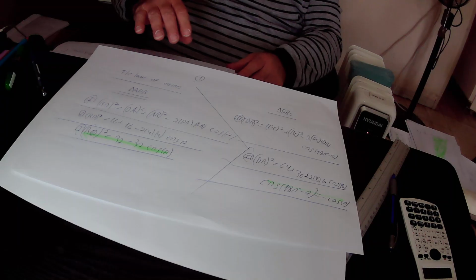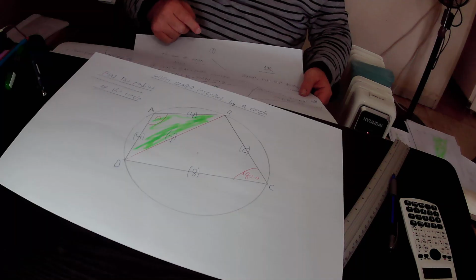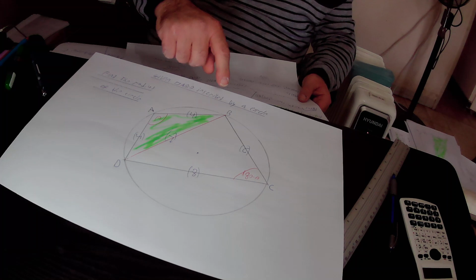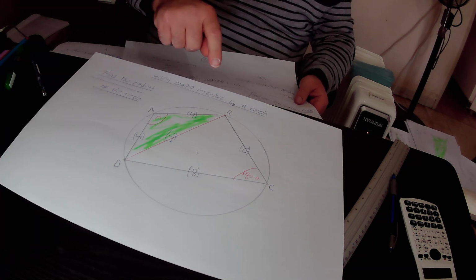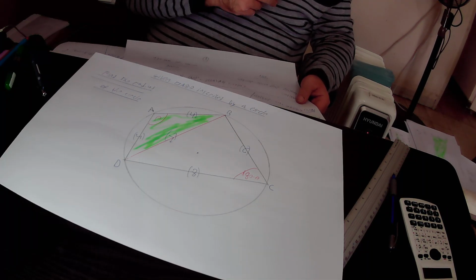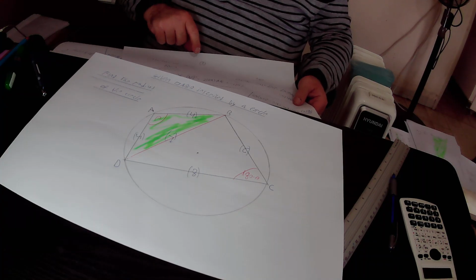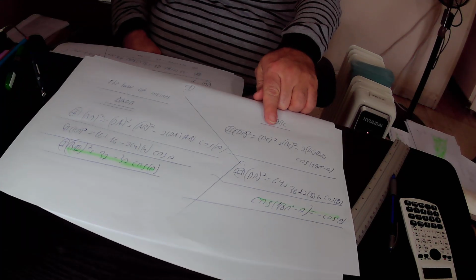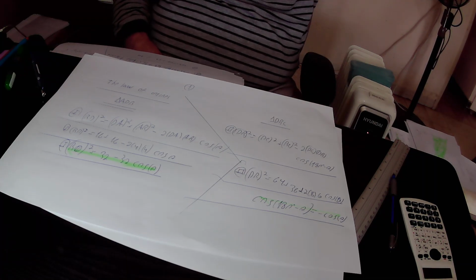In the next step, we implemented the law of cosines in this triangle DBC. According to the law of cosines in this triangle DBC, BD squared equals BC squared plus CD squared minus 2 times BC times CD times cosine of 180 degrees minus theta.